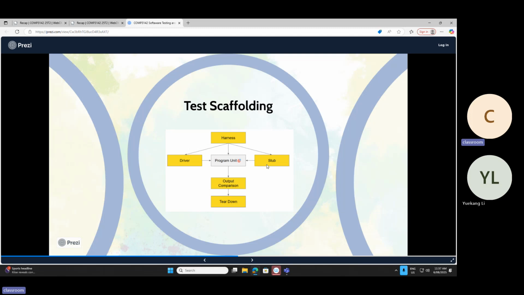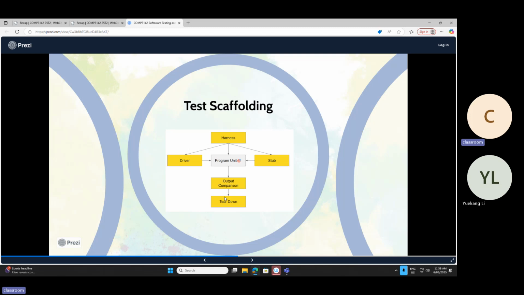So writing stubs is actually especially useful for test-driven development because we write tests even before we implement the target, right? So we need to mock up the features of the program properly. And for most of the testing, we also need to do the output comparison, which is to check whether the program encounters some bugs or not.